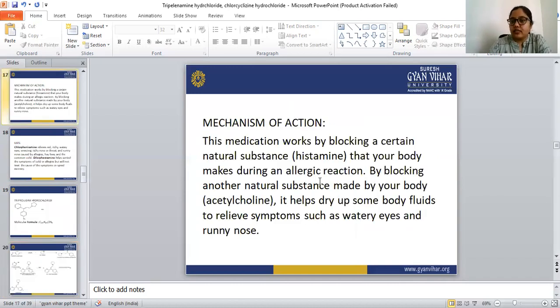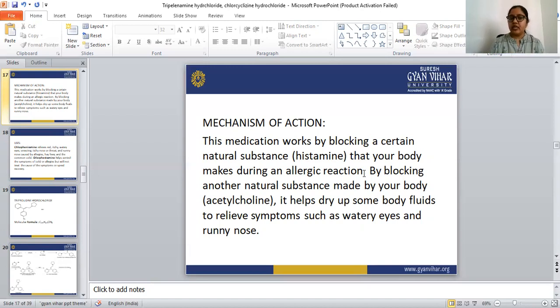Let's see what is the mechanism of action of the CPM, chlorpheniramine maleate. The medication works by blocking a certain natural substance. Histamine is a natural substance that your body makes during an allergic reaction. When we have an allergic reaction in our body, histamine is produced naturally.